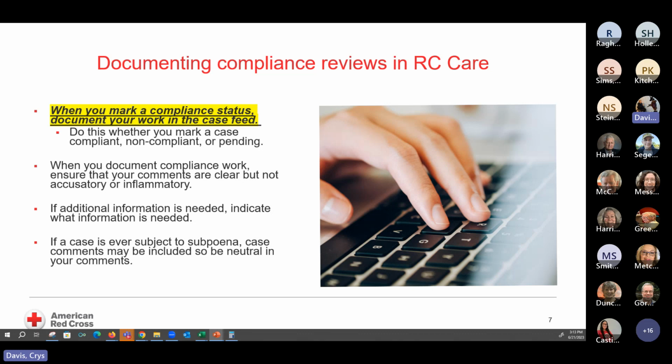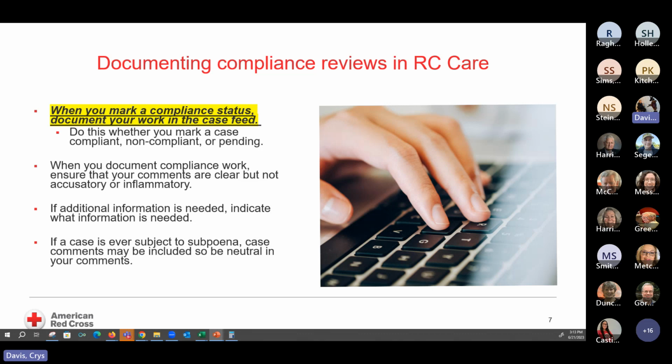If a case looks like it might be fraud, it's okay to say, escalating this case for more review. You don't have to say, I think this client is trying to commit a giant fraud.